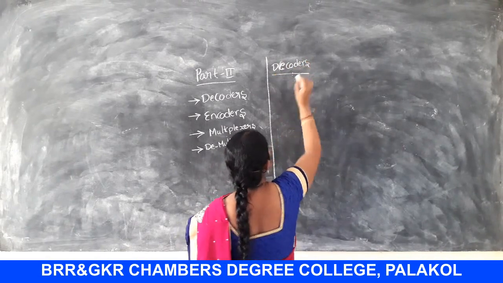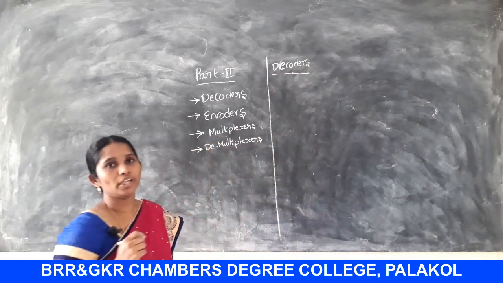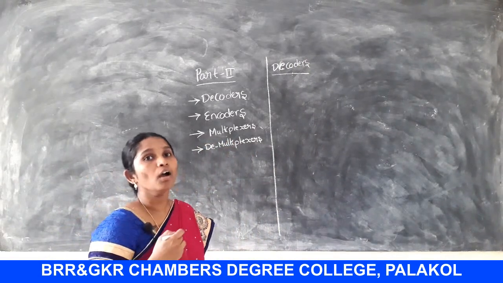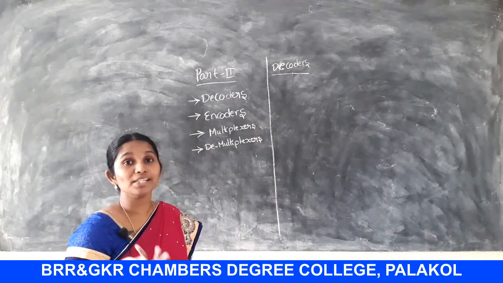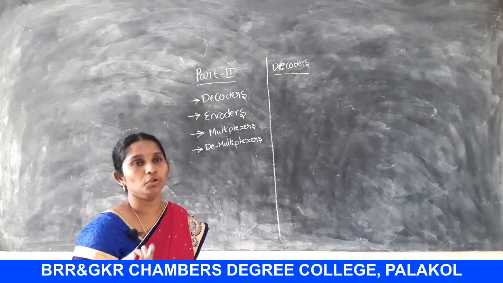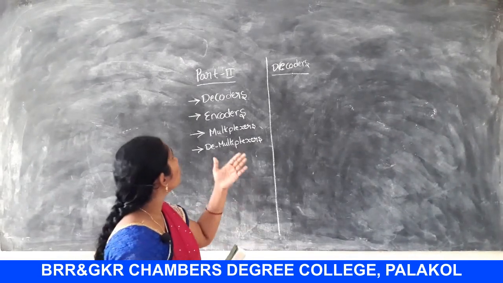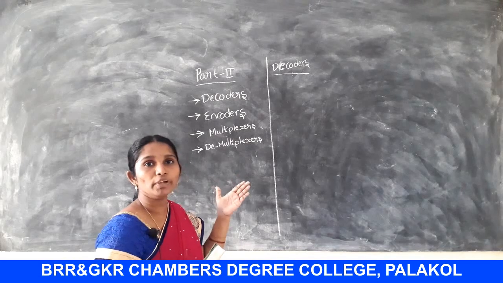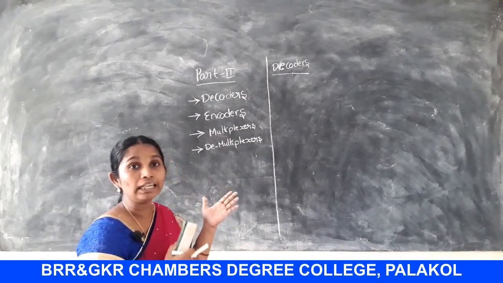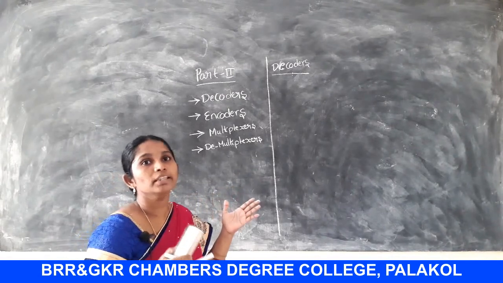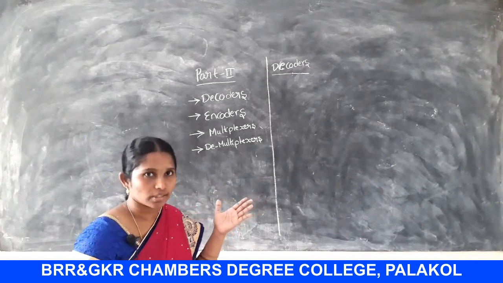In the last presentation we discussed combinational circuits. That means what is meant by a combinational circuit. A decoder is also a combinational circuit. That means we connect all the logic elements and they form a combinational circuit.